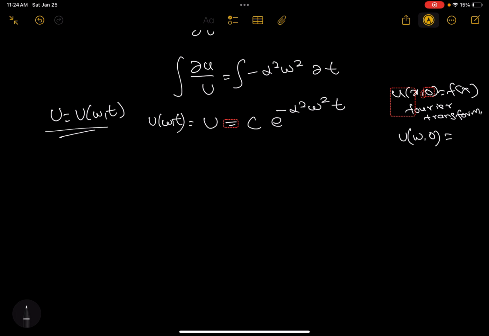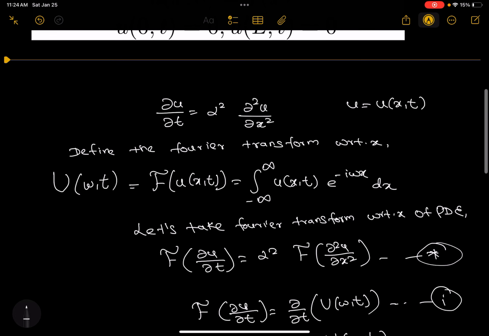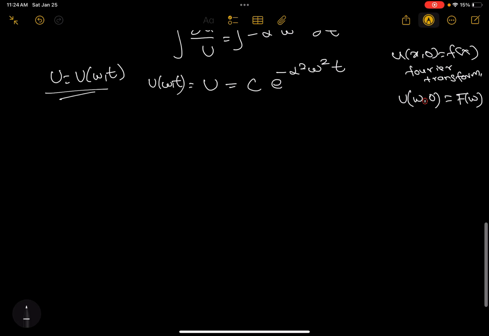And let's define the Fourier transform of f of x to be capital F of omega. This will be a function of omega now because x becomes omega after going through the Fourier transform, because there's omega in the integral. So let's use this initial condition now and substitute t as 0.